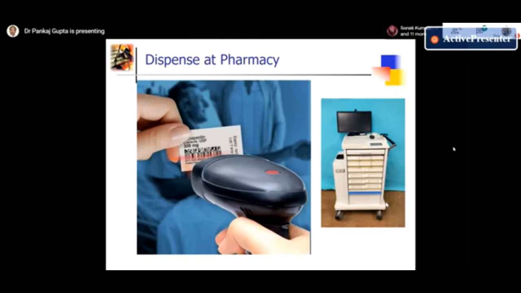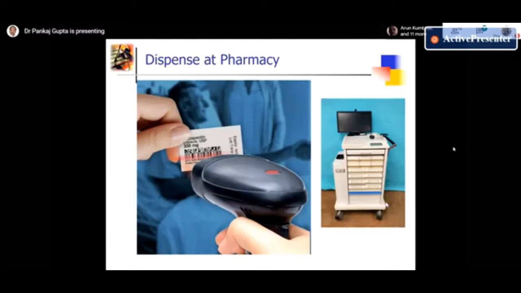Okay. So after putting the label and scanning, this bottle or the sachet is loaded into a cart, which is called a medication cart, instead of the earlier method where the medicines would be bundled and carried. In a mature BCMA implemented hospital, it is carried in a medication cart.